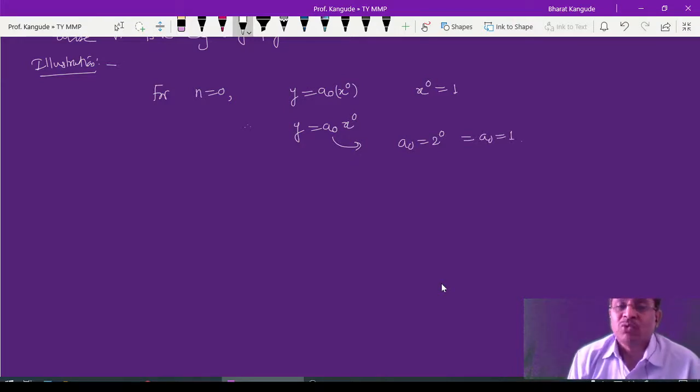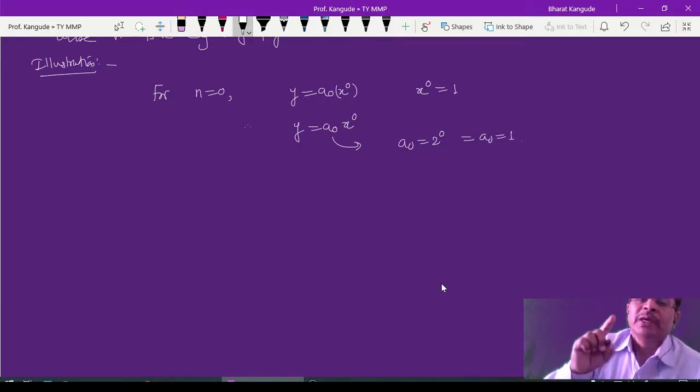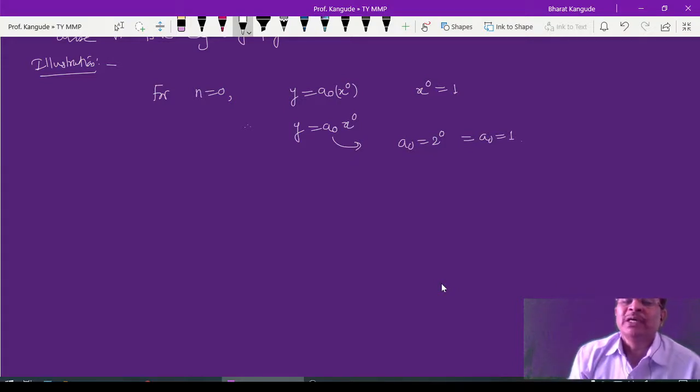Try to understand what I have done here. In the first polynomial, for n equal to 0, the polynomial was y equal to a0 times x raised to 0. The highest power term is x raised to 0, so its coefficient a0 is to be equated to 2 raised to 0, because this polynomial's degree is n equal to 0. But 2 raised to 0 is 1.